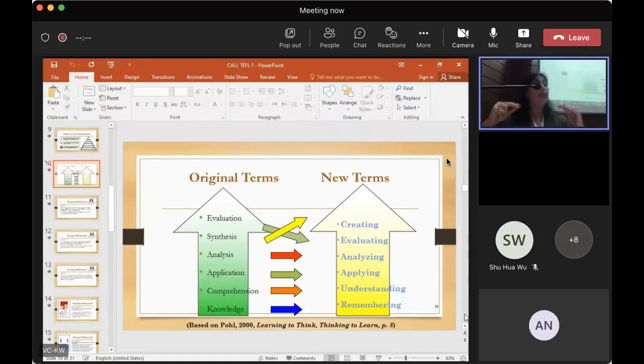So in order to reach the stage of creating something new, like producing something as productive skills, as speaking skills, or writing skills, they have to comprehend and process information and start applying them until we get them to do higher order thinking. And all should be done under your control, under your guidance. This is the role of you as a facilitator for facilitating learning in the classroom. That's my point.